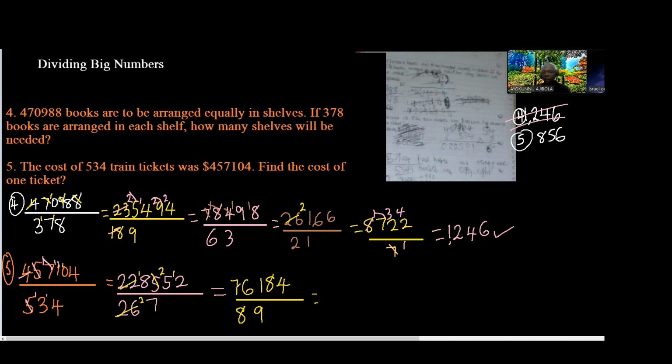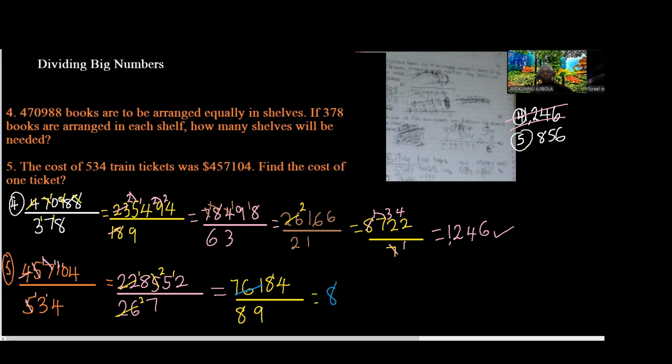So 89 can go in 76, so we'll go to 761. If we say how many 89 we can see in 761, we will see up to 8.